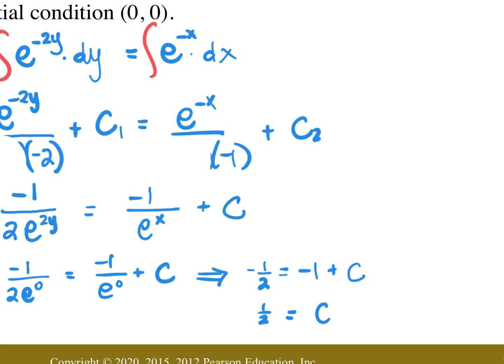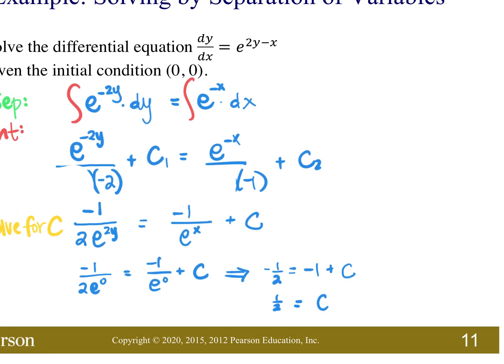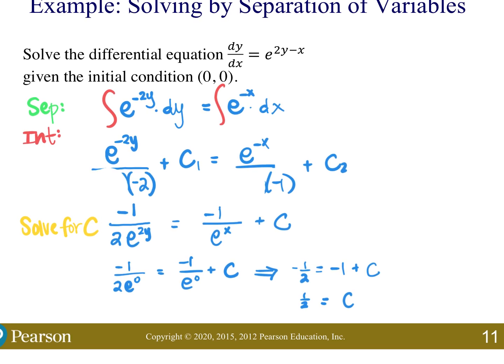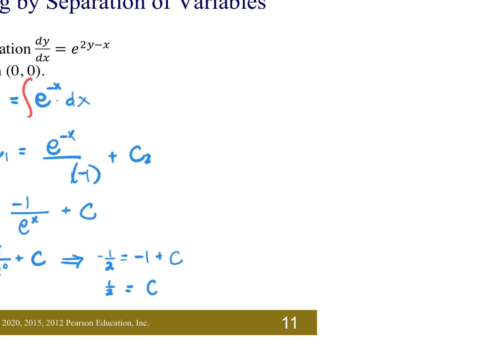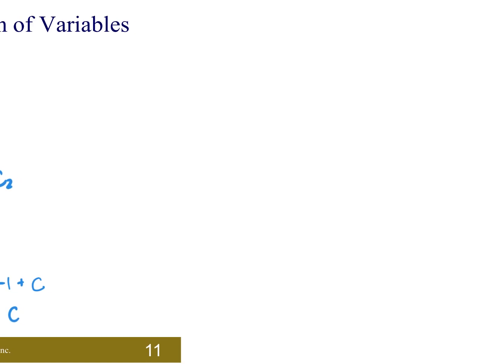Once I have that c value, then finish the problem and solve for y, getting y alone. So I'm going to slide mine over because I'm going to need a little bit more room than you guys. So I've got negative 1 over 2 e to the 2y equals negative 1 over e to the x, and then plus 1/2.